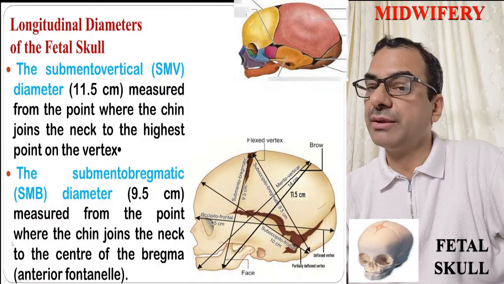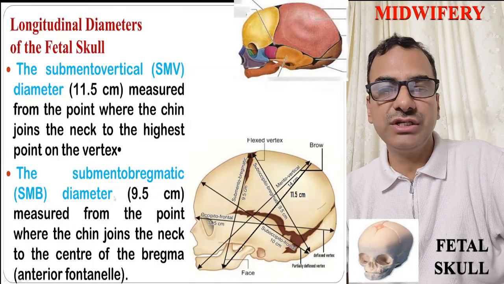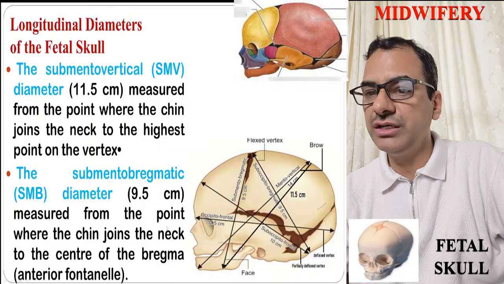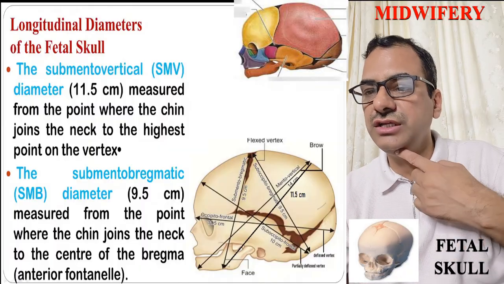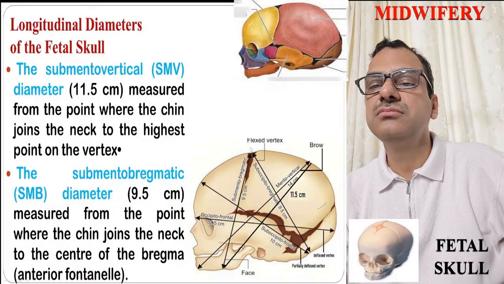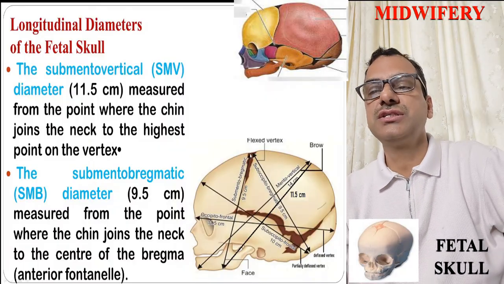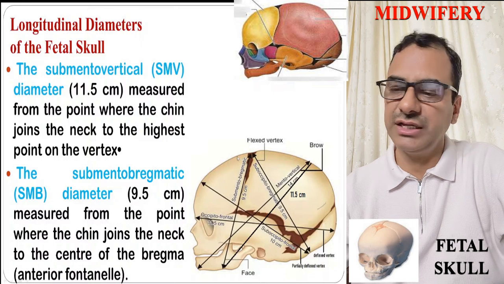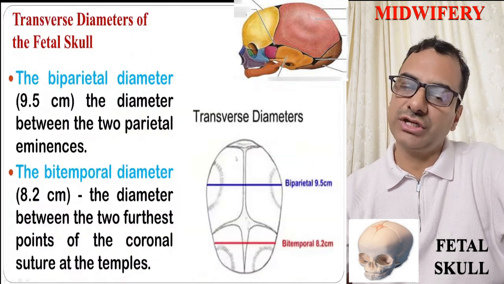Then submento-bregmatic, 9.5 centimeters. It is measured from the point where the chin and neck join, again up to the bregma. So this is the submento-bregmatic diameter. Then 2 transverse diameters.